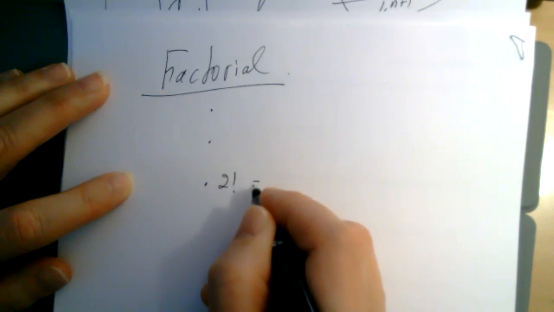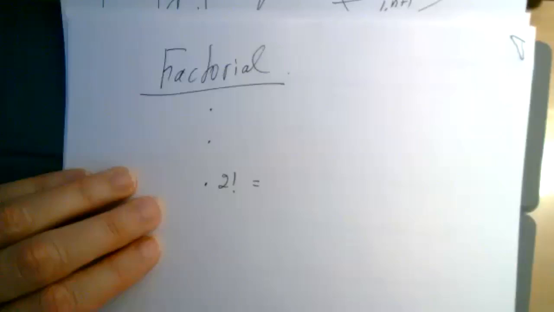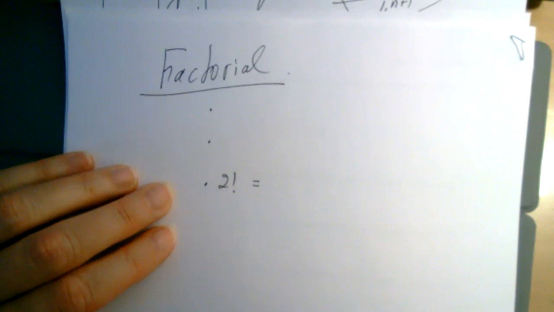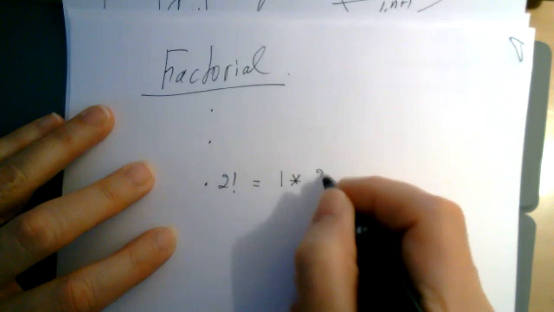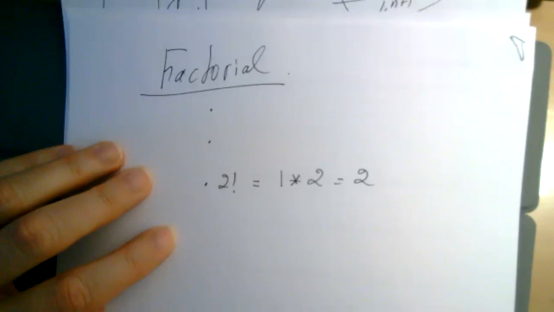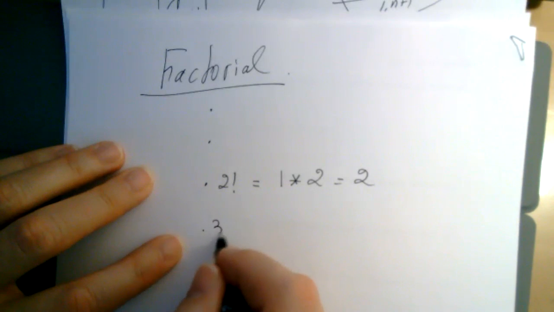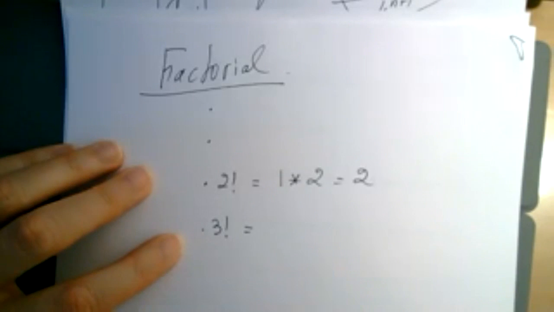Tell me if you guys are familiar with it or not. So, I'm going to skip 2 lines and start here. What is 2 factorial? Do you guys know what the factorial notation is? Yep. It's 1 times 2, equal to 2. What is 3 factorial?